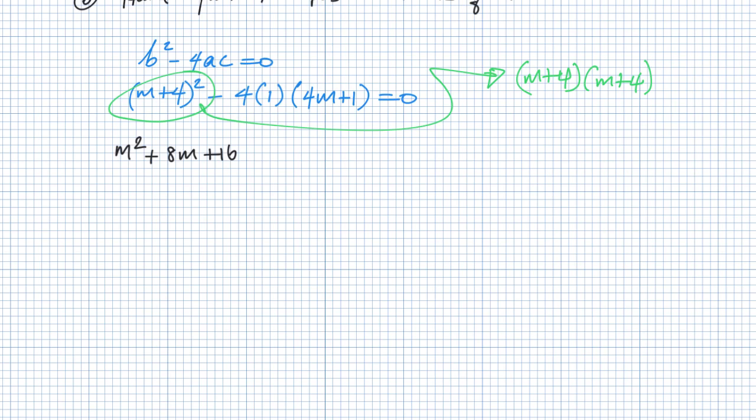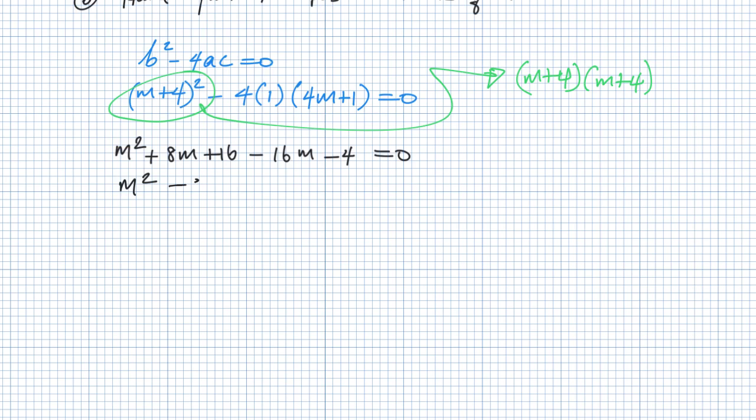Ignore the 1 because it's really just minus 4 times that bracket. So that's going to give us minus 16m minus 4, it's still equal to 0 on the side over there. And now we simplify. m squared will be on its own, but if we do the 8m take away 16m, we get then minus 8m.